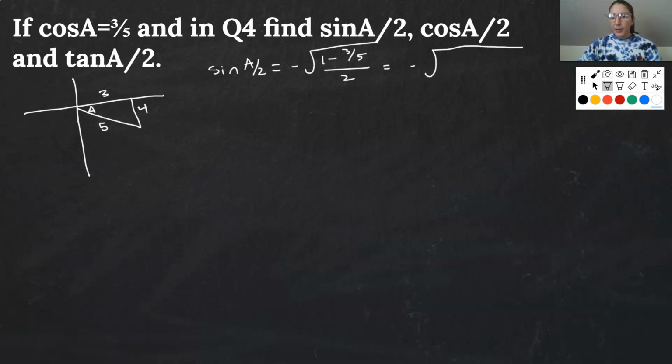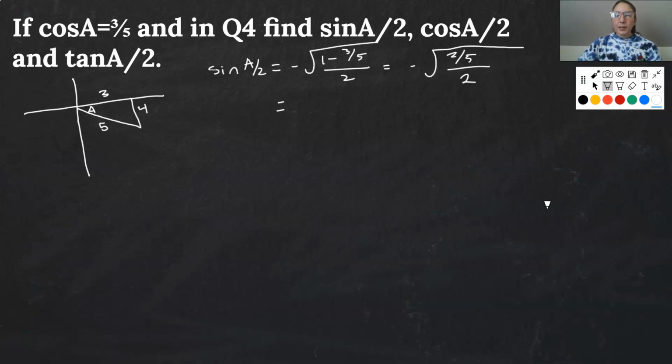Half angle formulas are going to get you really good at fraction division, subtraction and addition. Just more fraction arithmetic here. Trig is just an exercise in how good you are at fractions. So 1 minus 3/5, I'm going to change this into 5 over 5. 5 over 5 minus 3 over 5 gives me 2 over 5, over 2.